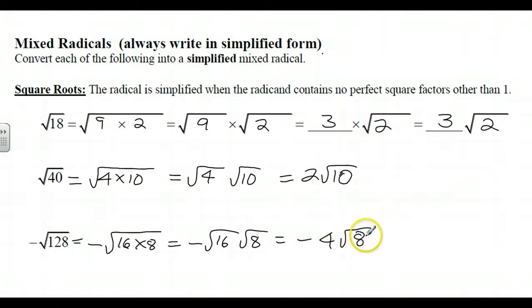Oh, but one sec, 8. Sorry, 8 is 4 times 2, and 4 is a perfect square.